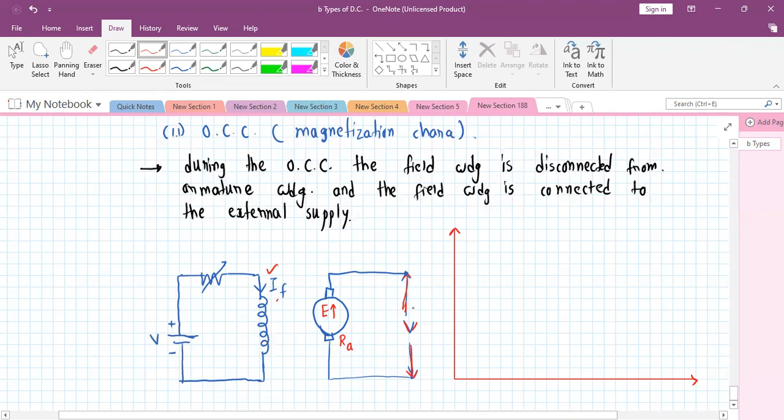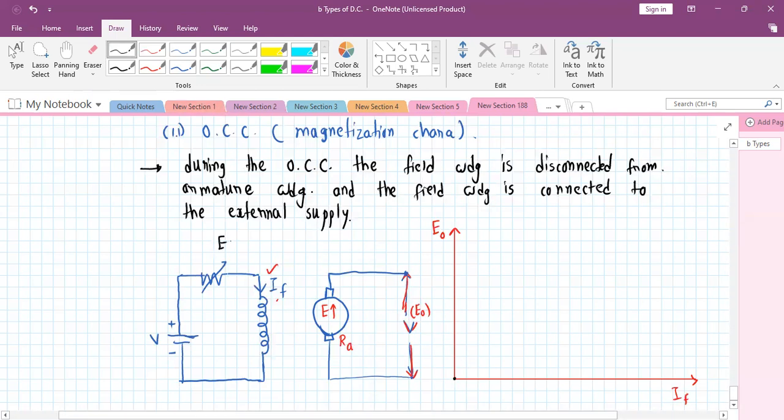So on the y-axis I take E0, the no load EMF, and on the x-axis I take IF. It starts from the origin. If the field current is 0, what about the flux? We know this equation.